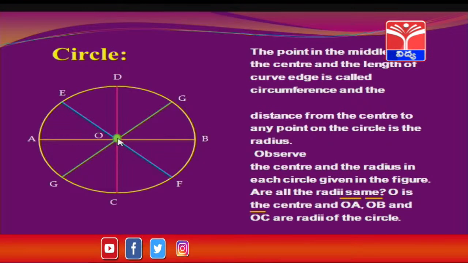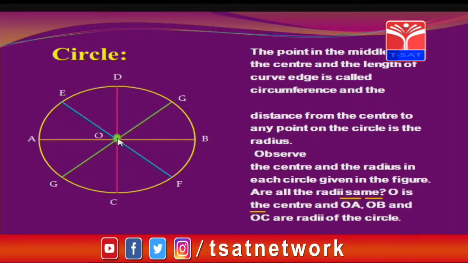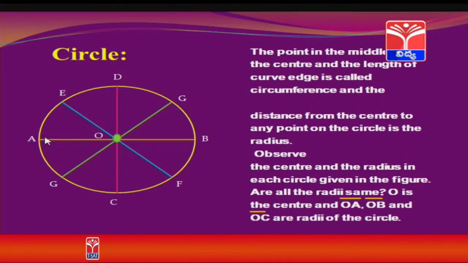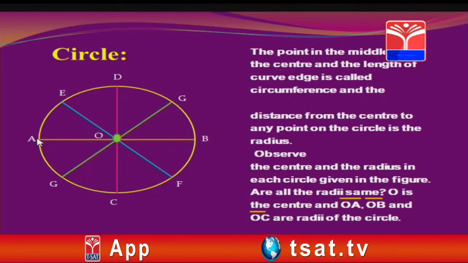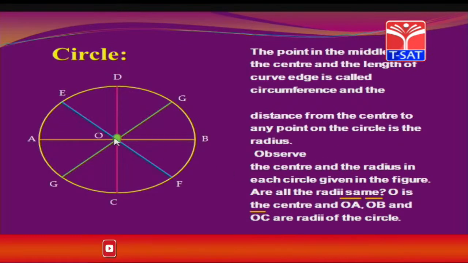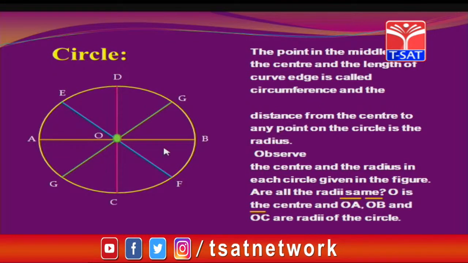That is called the center of the circle. For example, if I take the curve, the length of the arc is called the circumference of the circle. From the center to any point on the circle, the distance is equal, as you might have observed.